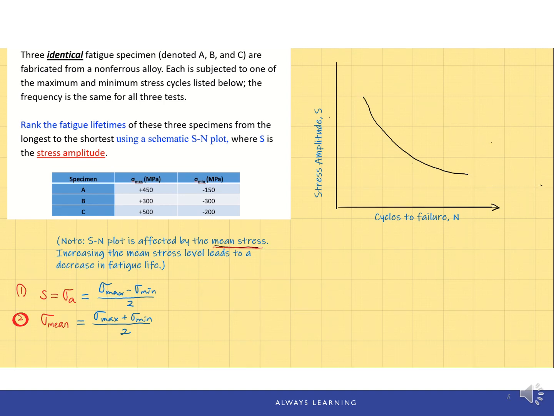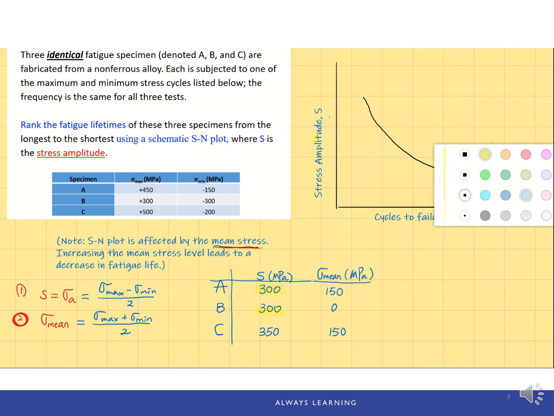Now let's make a table to list the corresponding stress amplitude and mean stress for the three specimens. Using the given data and the formula we just figured out, here are the values. Samples A and B have the same stress amplitude, which is 300 megapascal, and sample C has the highest stress amplitude, which is 350.